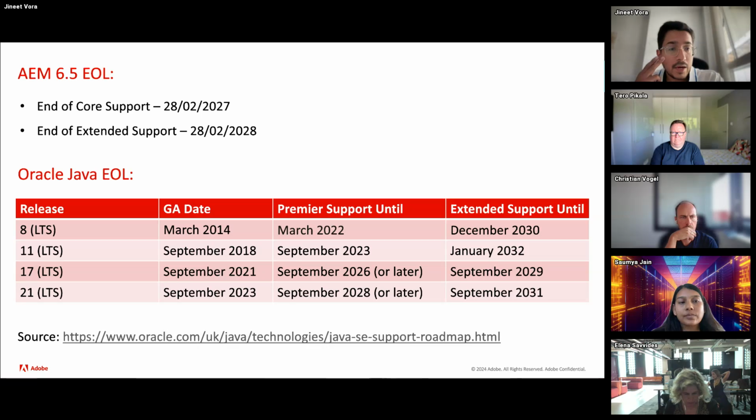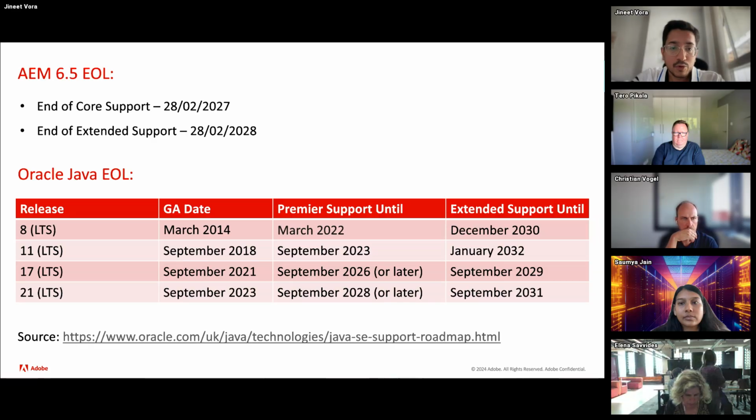Talking about AEM 6.5, which supports Java 8 and 11 versions, it has already served the community well for over 6 years. But here's what's ahead. As you can see on the slide, the end of life for 6.5 is in February 2027, which is about a year and a half from now.